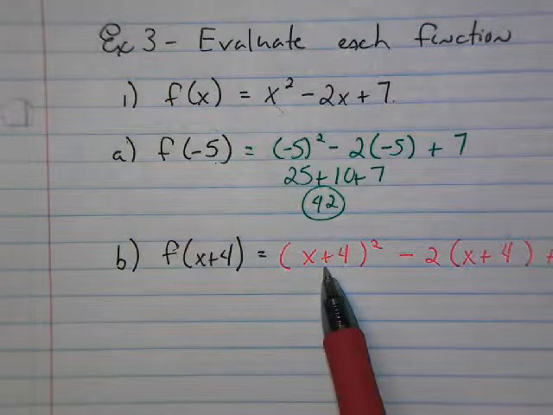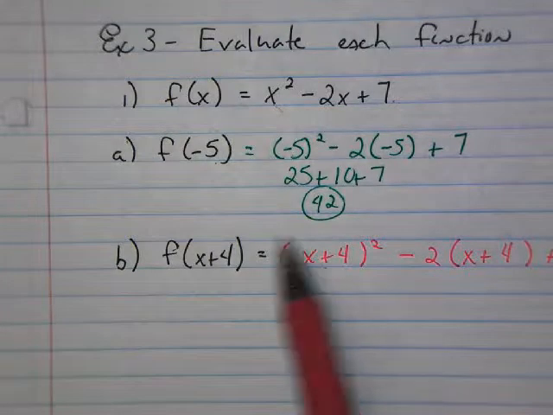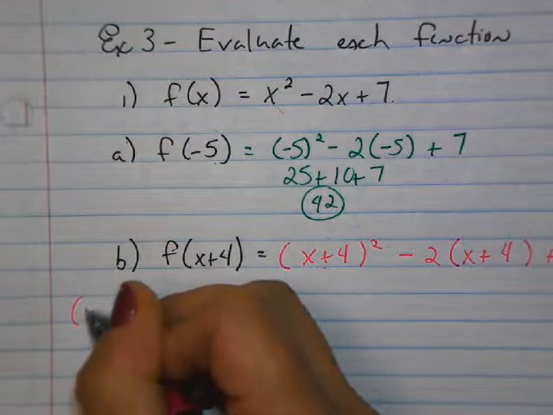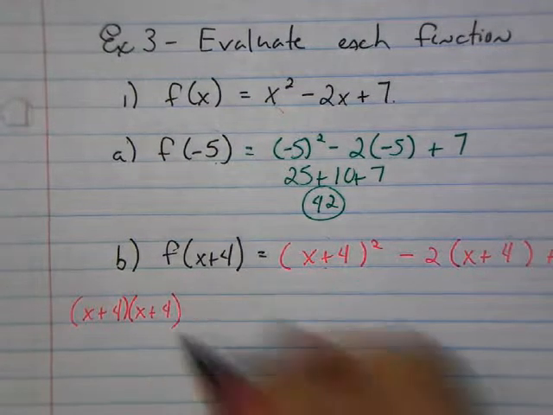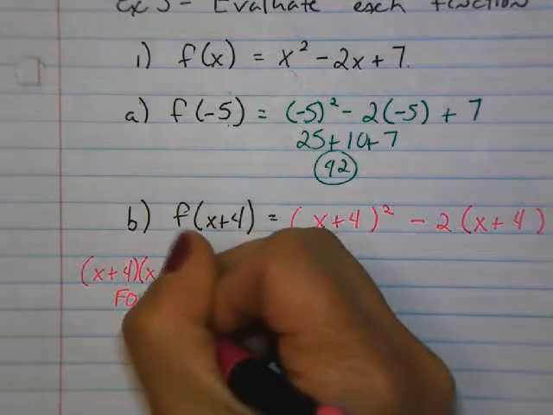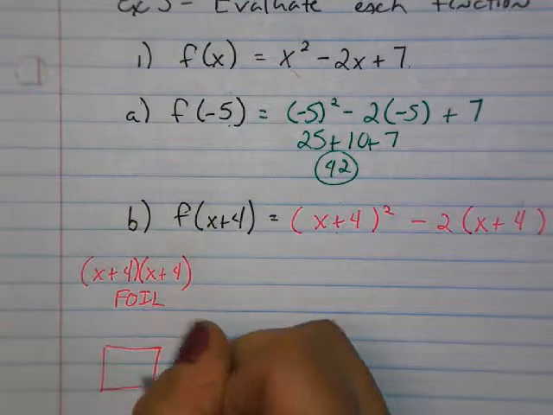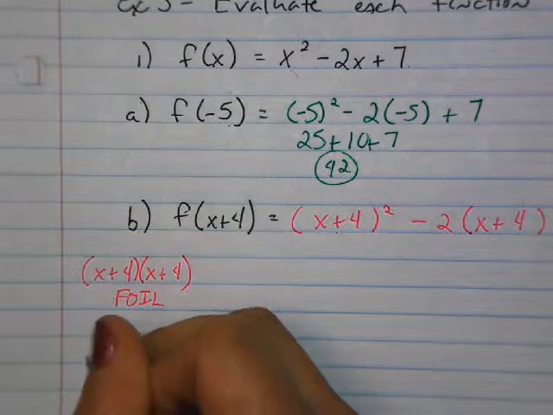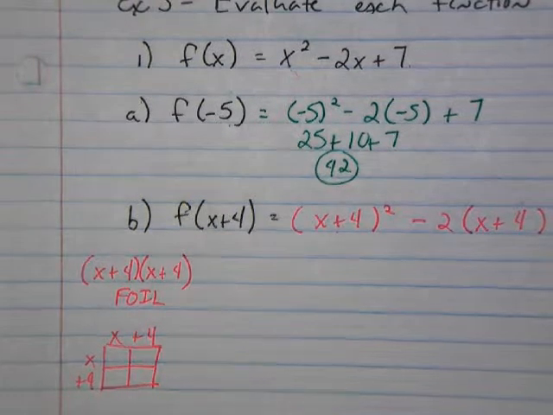If you need to, you can come off here to the side and write your 2 binomials you're multiplying and apply FOIL. Or some of you I know like the box method and apply the box method. Okay, I'm a fan of FOIL, so that's the method that I'm going to employ.